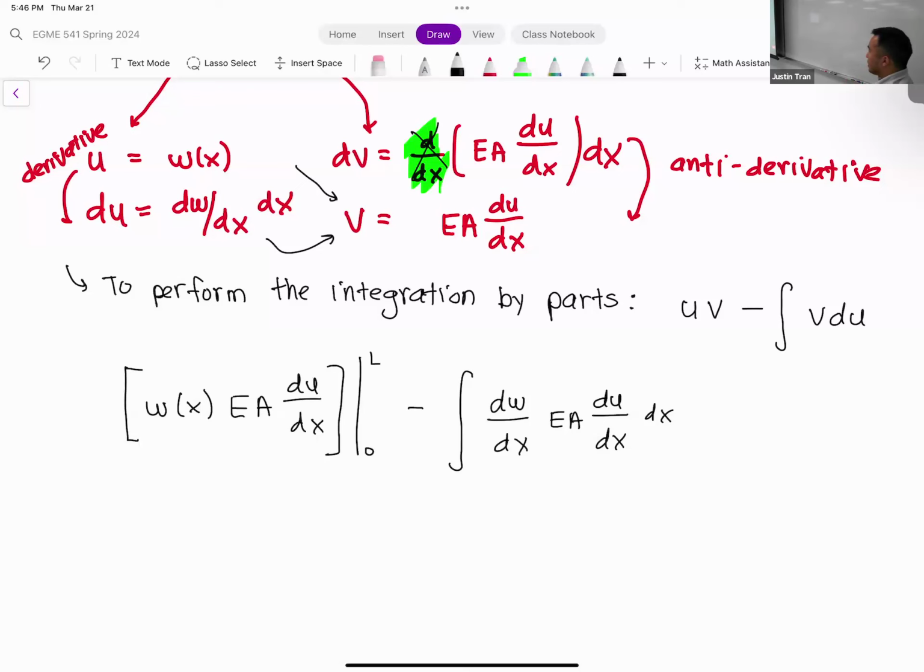So we did our integration by parts and we ended up with another integral. It kind of seems like we didn't really do anything, but we rearranged our equation to be in a little bit of a nicer form.